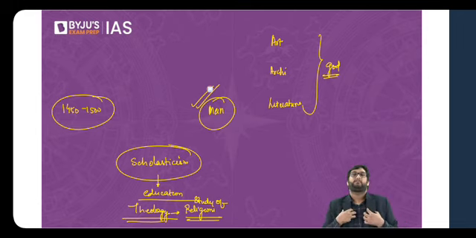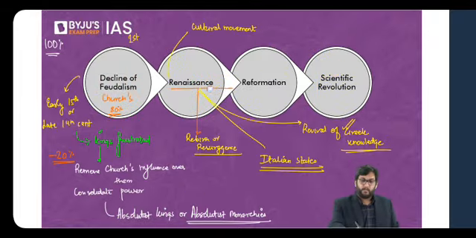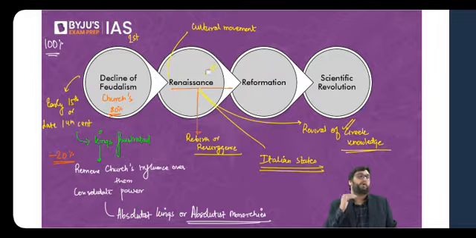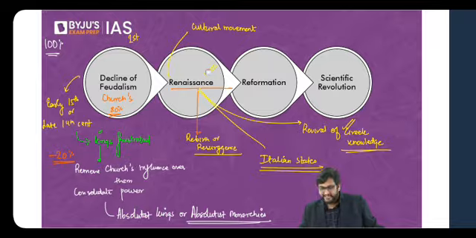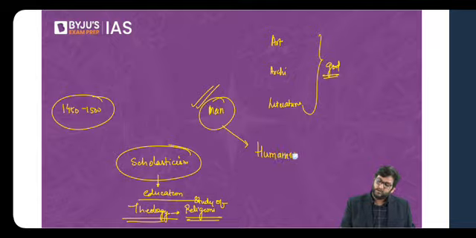We as human beings have the power to think. And therefore, the Renaissance was a very important moment in European history because it created a new understanding which is called humanism and individualism.